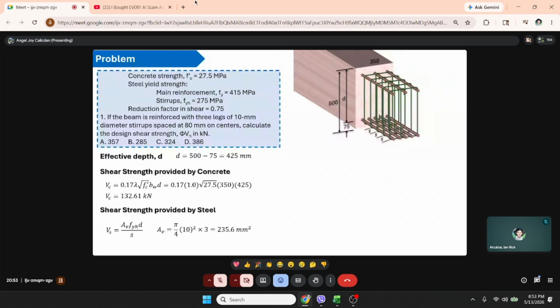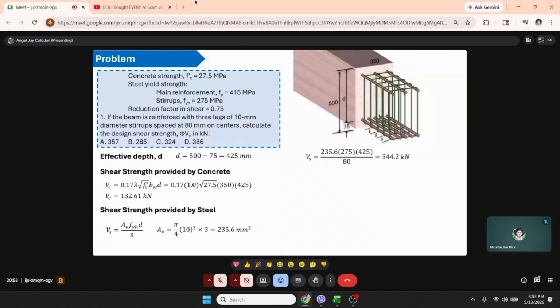So given the spacing, given Fyh, and we have solved for d. So we will solve for Av. And it is indicated 3 legs of 10 mm diameter. So area of 10 mm diameter times 3 legs, and Av is 235.6 square mm. So substituting and calculating, we get Vs is 344.2 kilonewton.